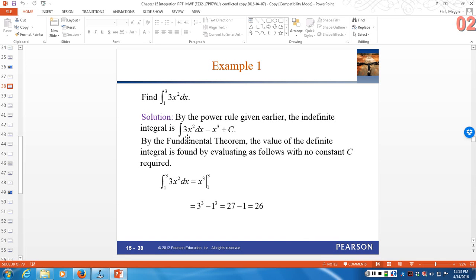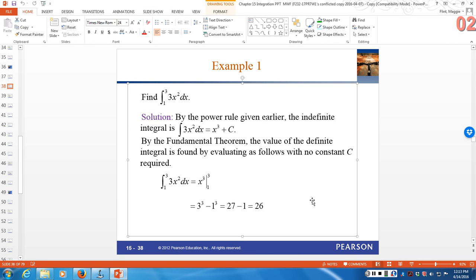The integral of 3x squared dx is x cubed plus some constant. If you plug in 3, you get 27, and if you plug in 1, you get 1. On both of those, c minus c, c goes away. So the constant makes no difference, and the final answer is simply 26.